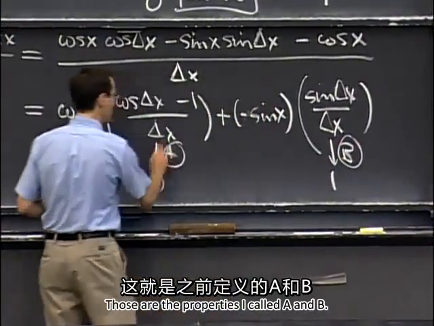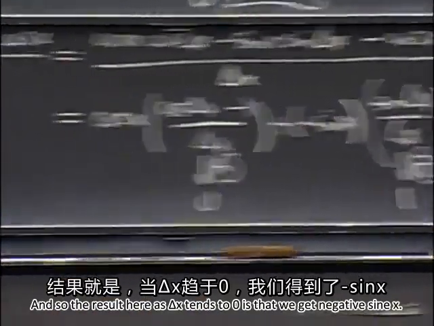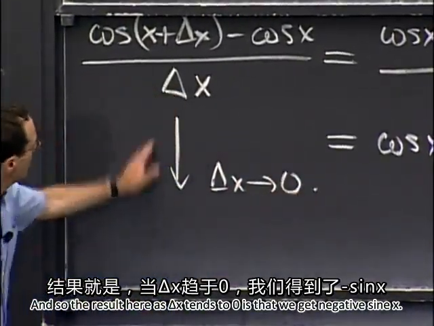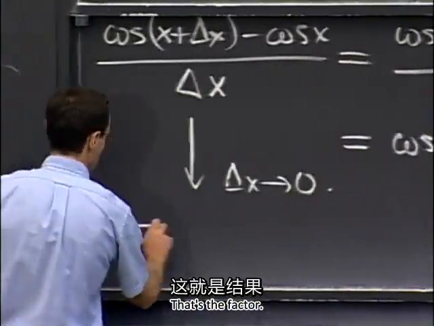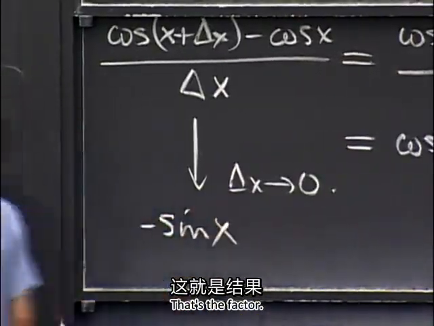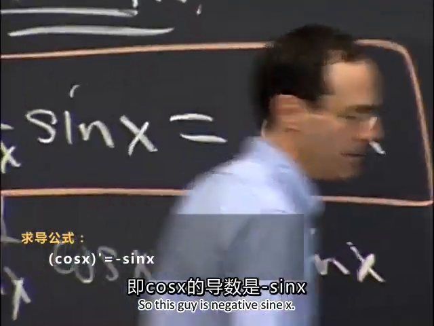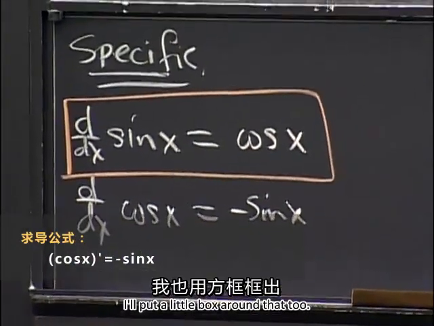Those are the properties I called A and B. And so the result here, as delta x tends to 0, is that we get negative sine x. That's the factor, negative sine x. All right, so this guy is negative sine x. And I'll put a little box around that too.